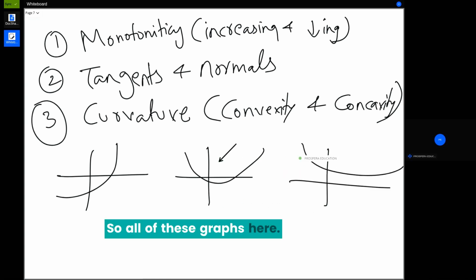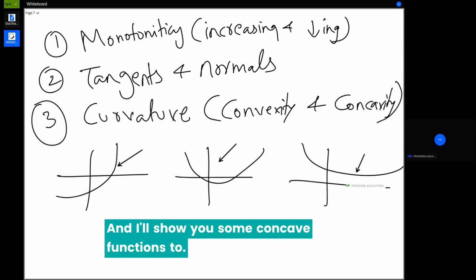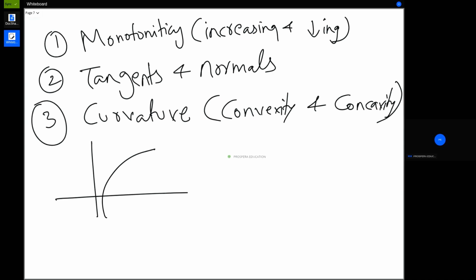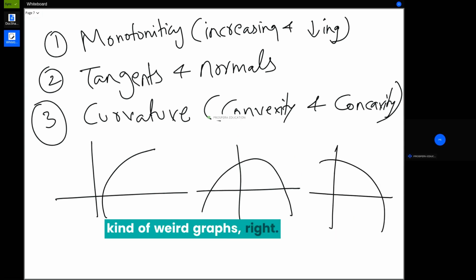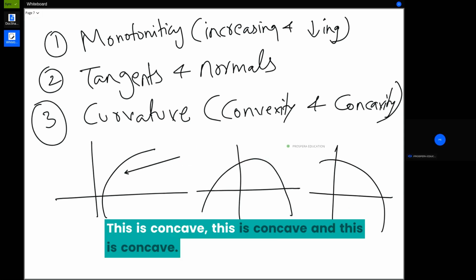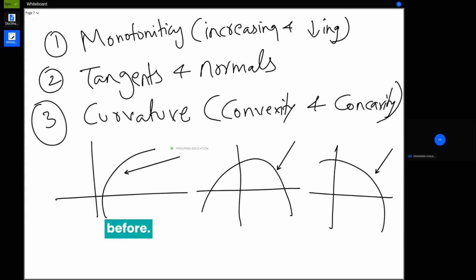All of these graphs here, this one, also this one, these are all convex in nature, and I'll show you some concave functions too. We're going to talk about what types of functions give this kind of weird graphs, right? This is concave, and this is also concave, and these are opposite to the ones that I've shown you before.